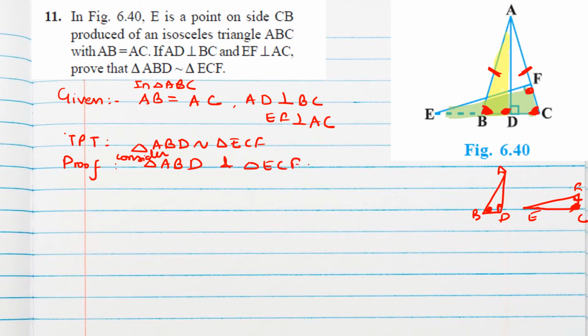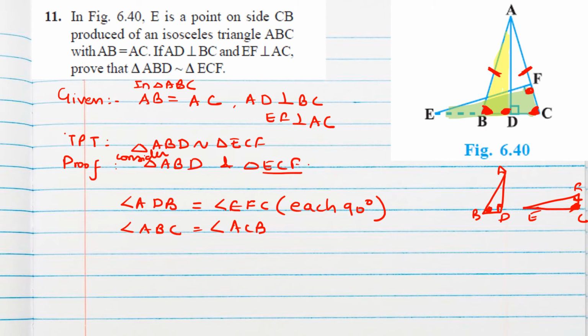First we can write angle ADB and angle EFC, reason: each is 90. Now we can write angle ABC and angle ACB are equal, or in terms of triangle ECF, we can write angle FCE also, but it is angle C only.